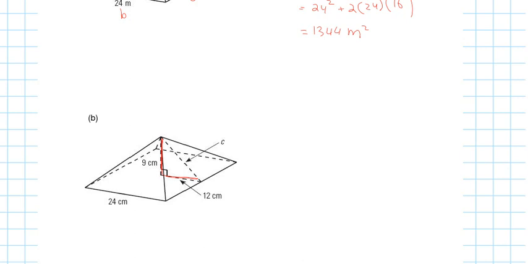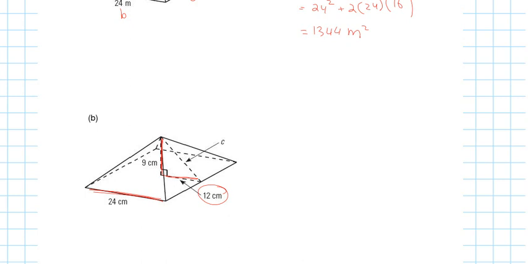If they don't give you this as 12, you should know that this right here is half of this base. So this is 9, this is 12.